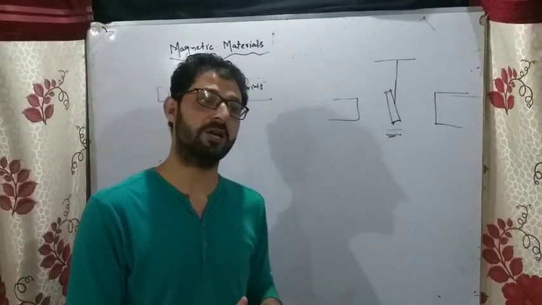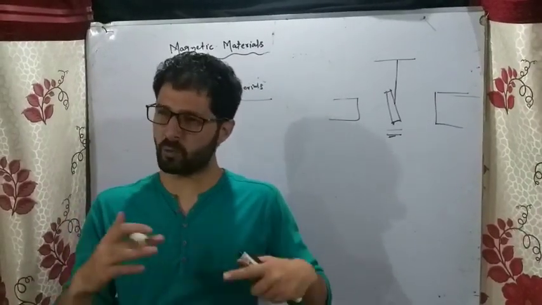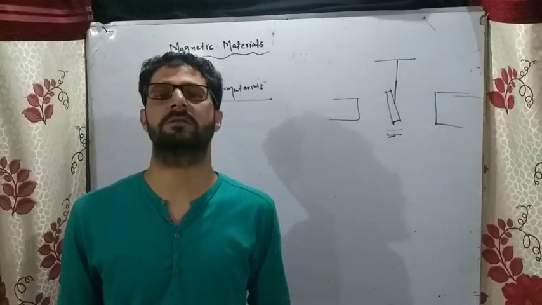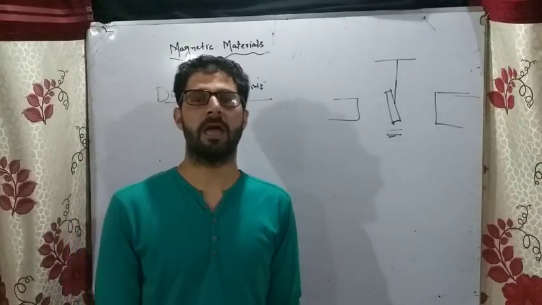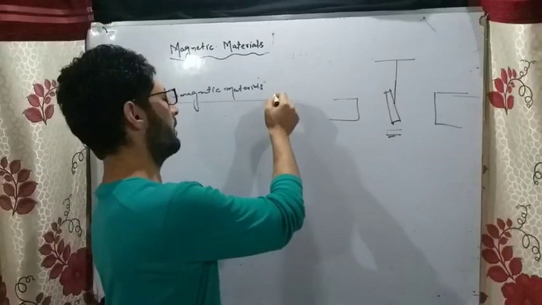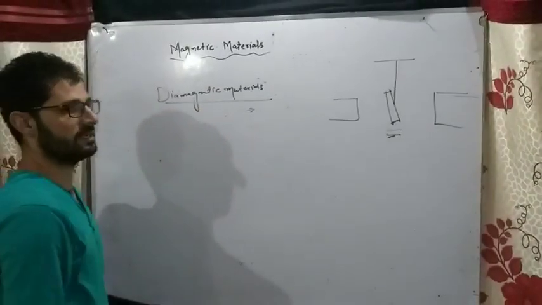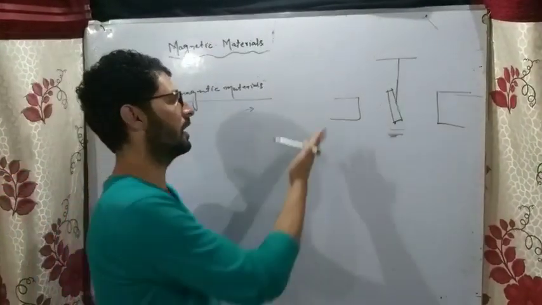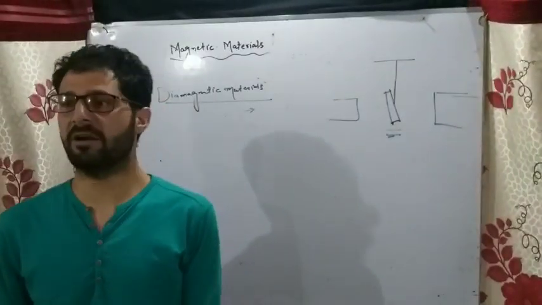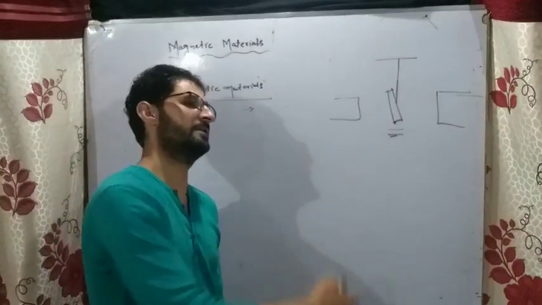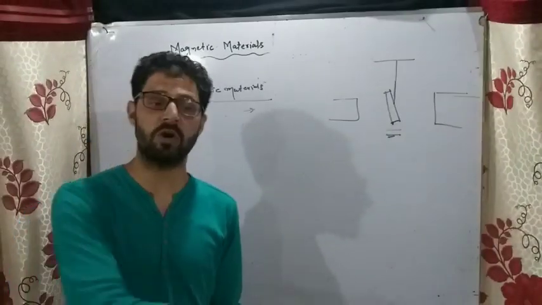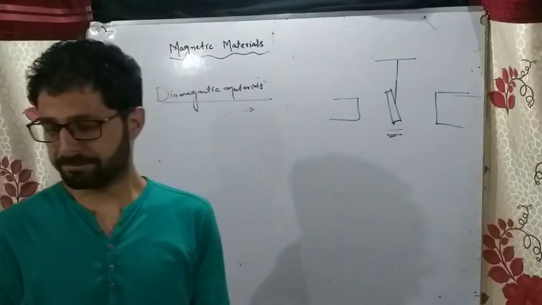A freely suspended ferromagnetic rod sets itself quickly in the direction of the applied magnetic field. Diamagnetic substances are weakly repelled by the magnet, paramagnets are weakly attracted by the magnet, and ferromagnets are strongly attracted by the magnet.